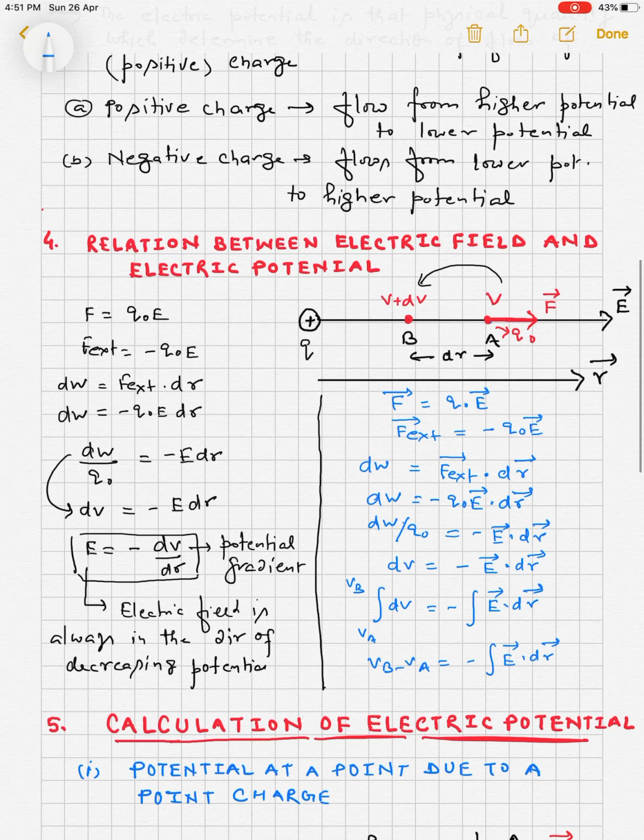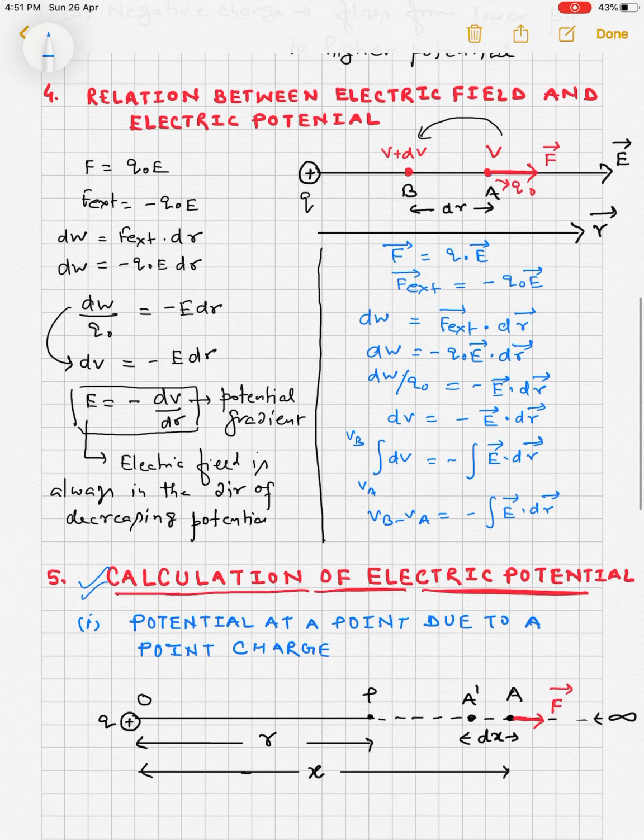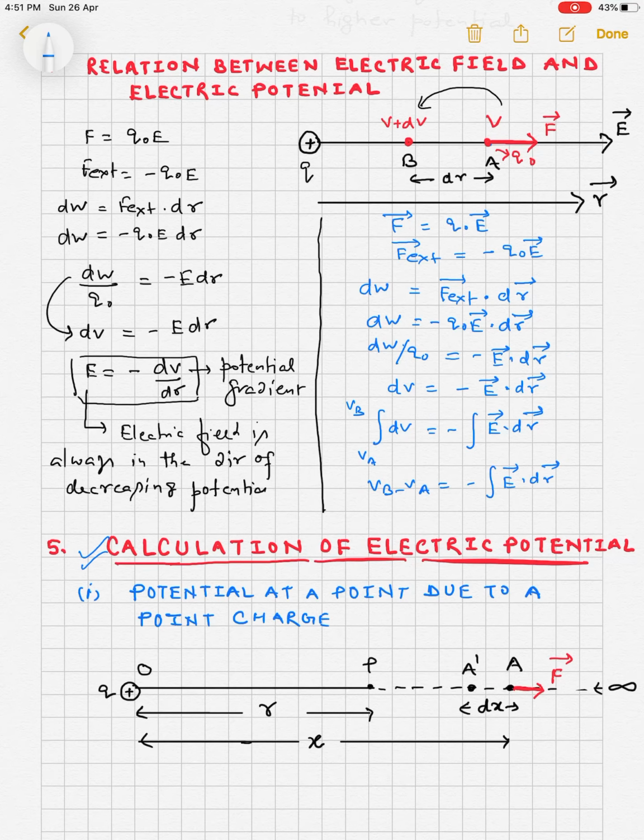Now the next point is calculation of electric potential. Number 1, the potential at a point due to a point charge. So here is a diagram.